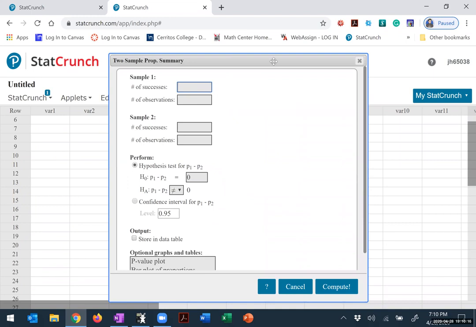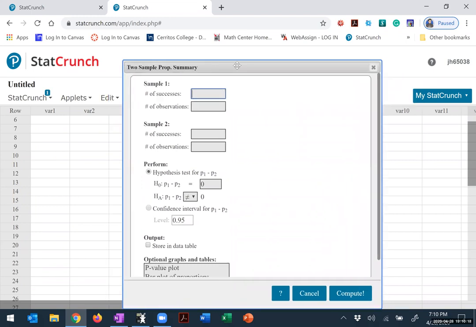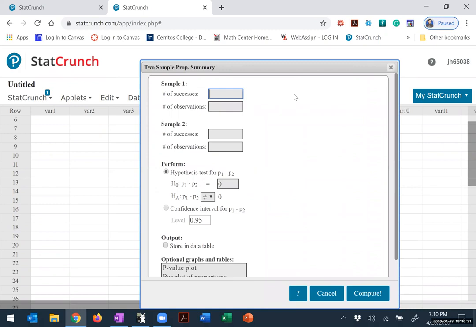The number of men who liked vanilla was 27 out of 42. The number of women who liked it was 28 out of 54.